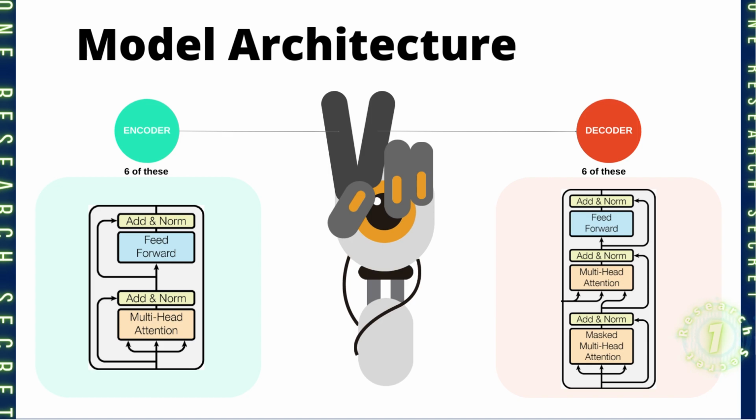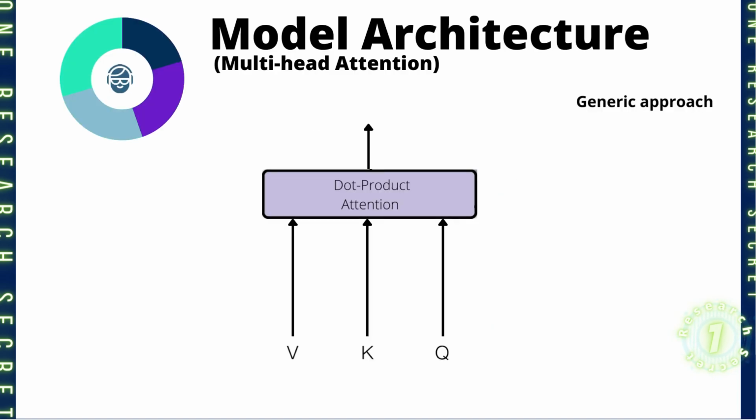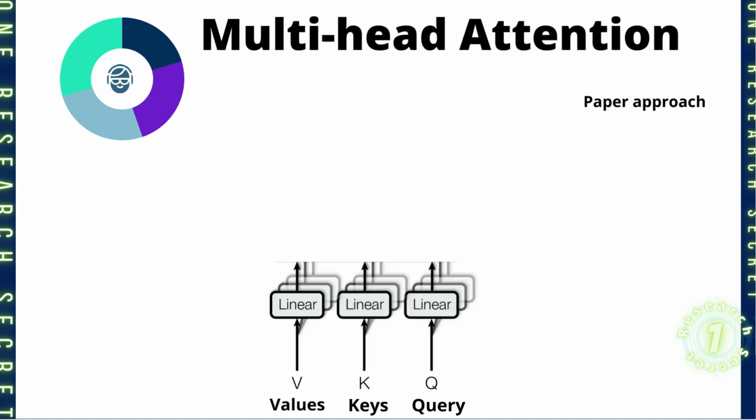Let's look at the multi-head attention in more detail. We have already discussed the attention mechanism in our previous video. This picture illustrates dot product attention with K, V, and Q as input, that is, keys, values, and query. The type of attention used in this paper is multi-head scaled dot product attention.